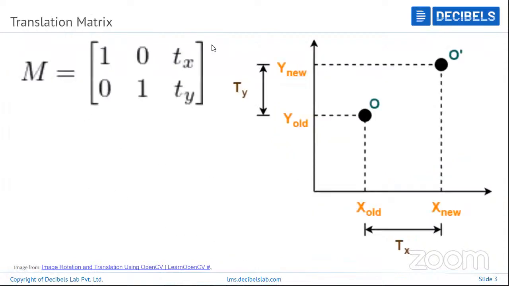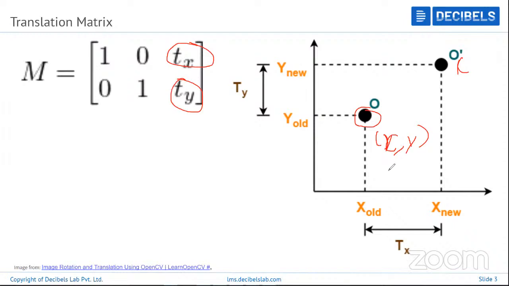Similarly, if you want to perform image translation, this is the matrix that we will be using. Tx and Ty represent the amount of translation. Let's say a point is present at this particular location, x and y, and I want to move it to another point.